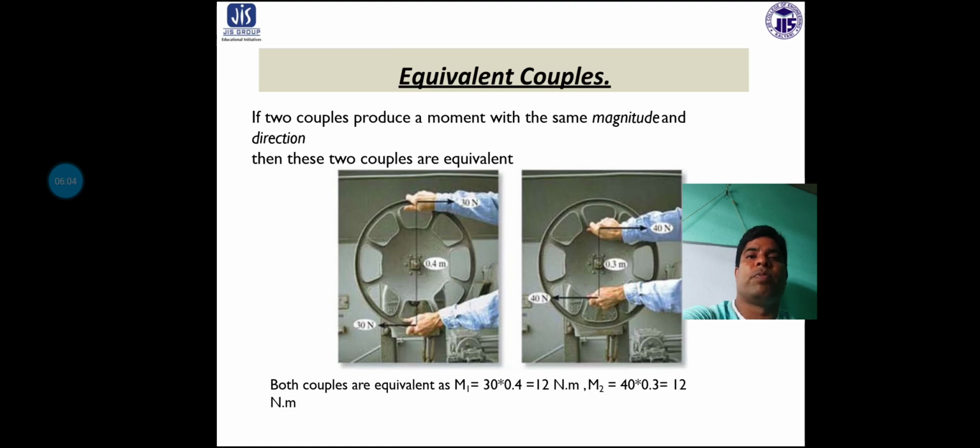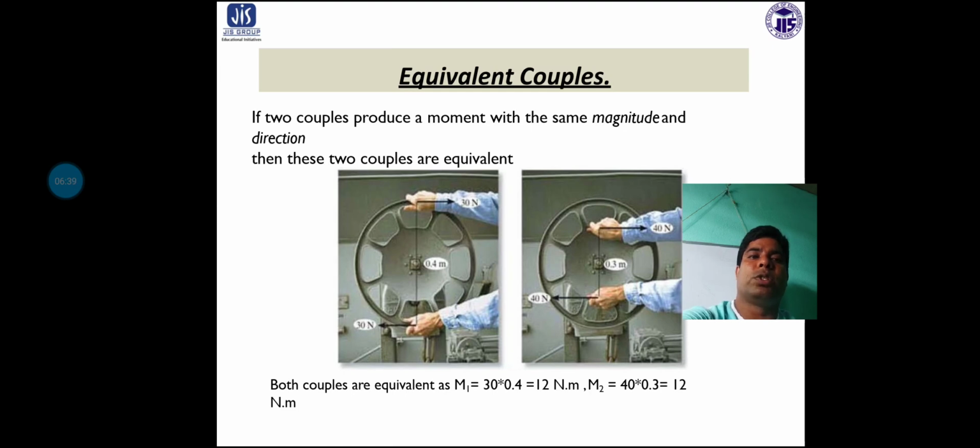Equivalent couples. If two couples produce a moment with the same magnitude and direction, then these two couples are equivalent. If you see the diagram, both couples are equivalent. In the first case, M1 is equal to 30 times 0.4, that is 12 Newton meter.